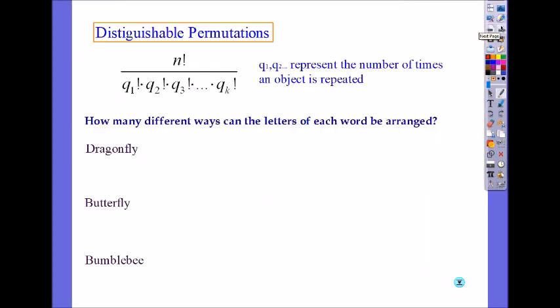And here's a permutation that's called distinguishable permutation. Let's look at an example. There are 9 letters, and we want to form a word. It doesn't have to really have a meaning, but we want to know how many different words we can come up with. So it's going to be 9 times 8 times 7, 6, 5, 4, 3, 2, 1, right?